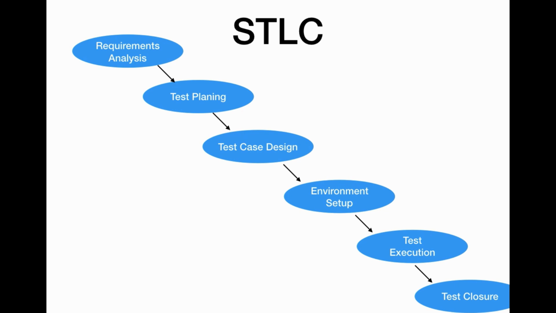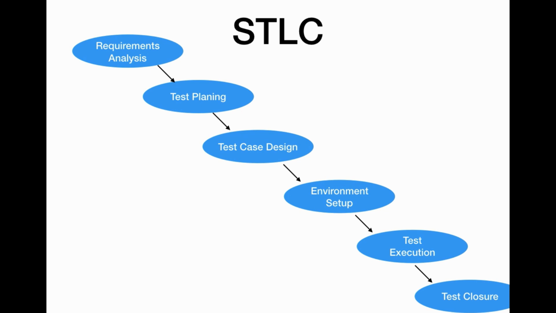Then test execution is to execute all the tests and give the report. Whenever you write test cases, you may not have the full idea of the application, but when you are executing, you will get a lot more test cases, and you have to add those into the test cases too. Once you execute, you will get more understanding of the product, then you will raise all the bugs.